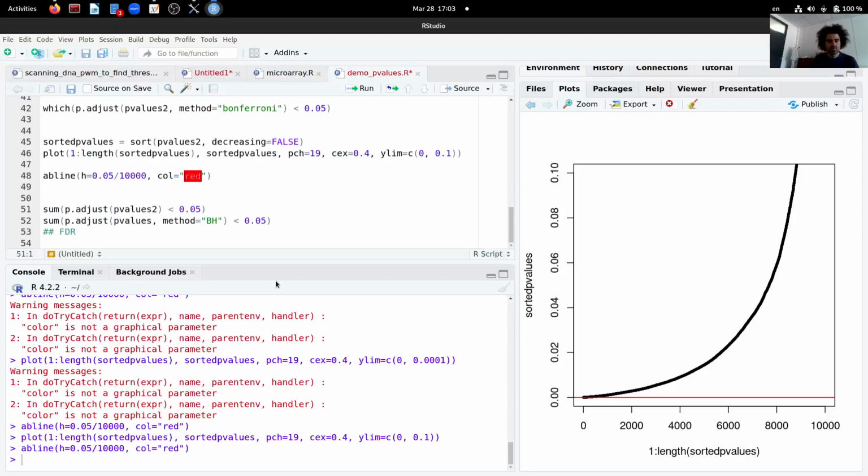So let's see how it will go graphically. A line, y equals to alpha times x plus b.